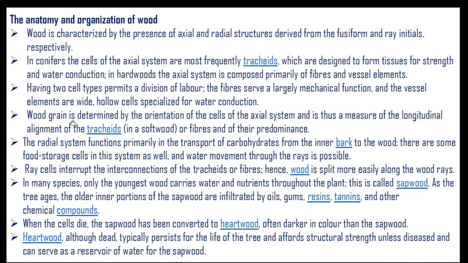Wood grain is determined by the orientation of the cells of the axial system and is thus a measure of the longitudinal alignment of tracheids in a softwood or fibers and their predominance. So what happens in the radial system? It functions primarily in the transport of carbohydrates from the inner bark to the wood.